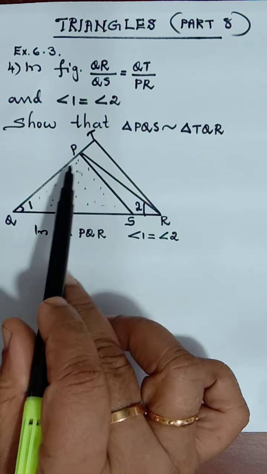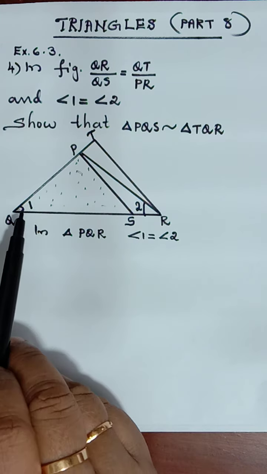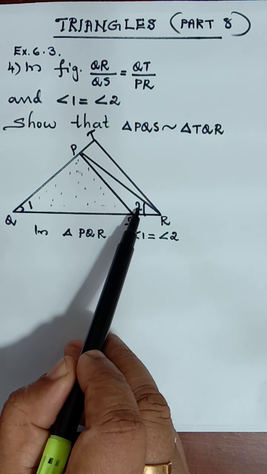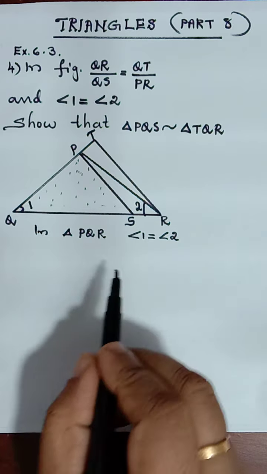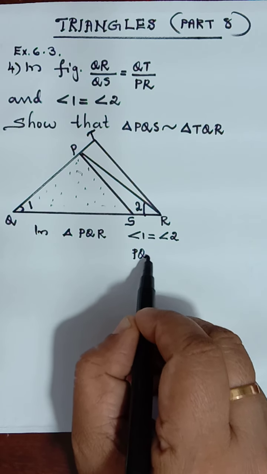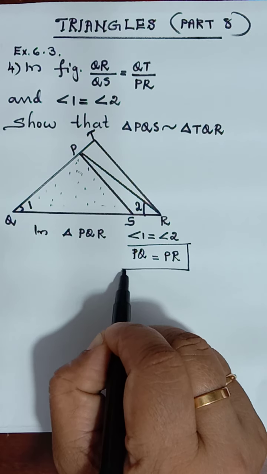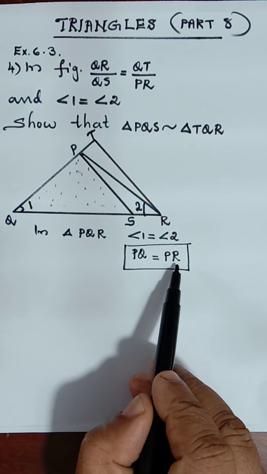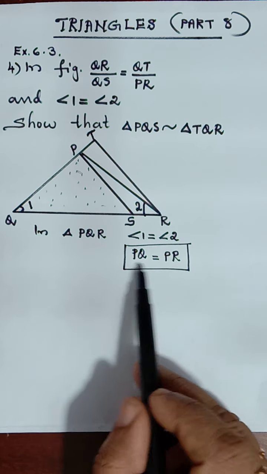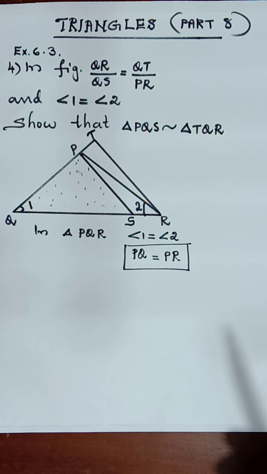Angle 1 is formed by PQ and QR. Therefore, angle 1 is equal to angle 2 means PR is equal to PQ. This is one of the important clues we have. If angle 1 is equal to angle 2, PQ is equal to PR. Opposite sides are equal when two angles are equal.